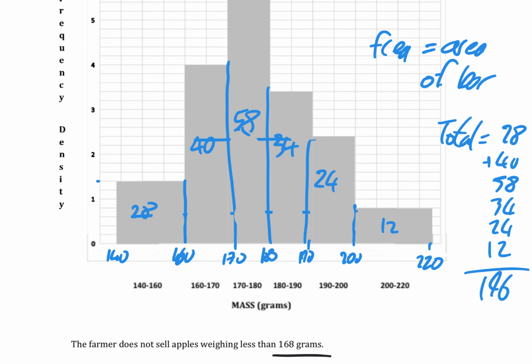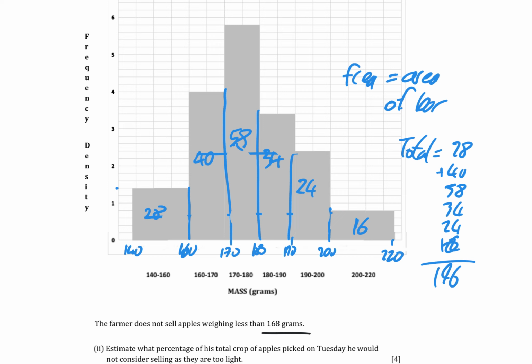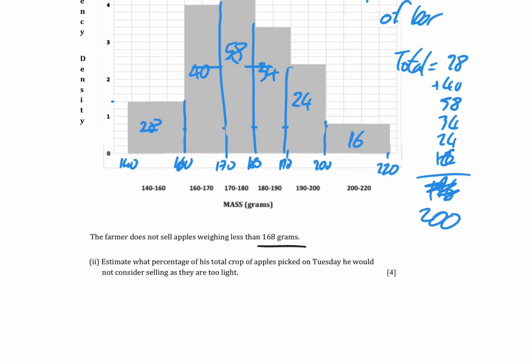I should just check this last one again. The height of it actually was 4 blocks high, which is 0.8 times 20, which gives me 16. So always just check. That means that's 16, which makes life so much nicer. My total then is 200. Okay, super. That's much better.